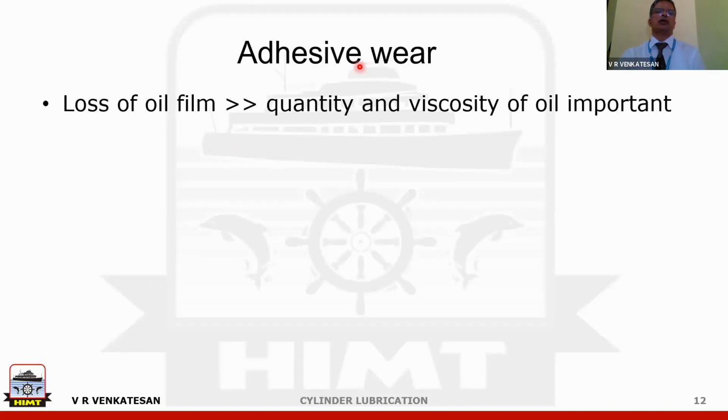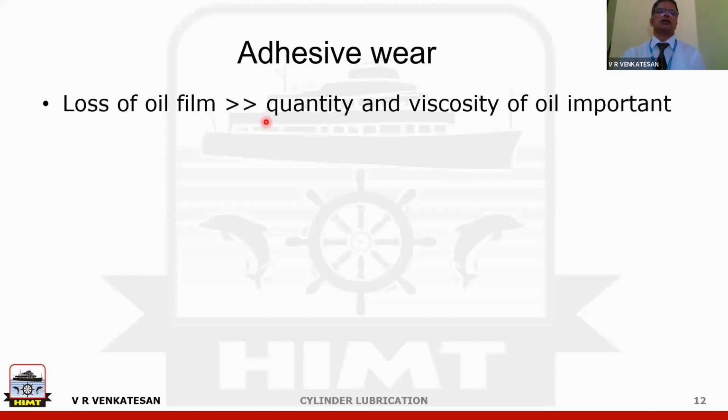So adhesive wear is related to loss of oil film. The word adhesive means sticking. So its meaning is piston ring and liner stick to each other. So why should they stick to each other? It is because the oil film is lost.